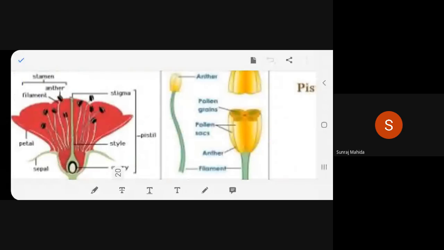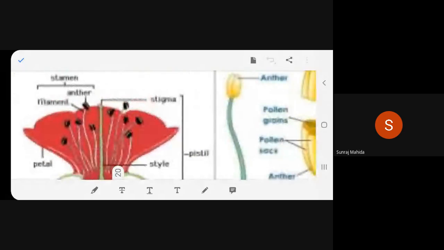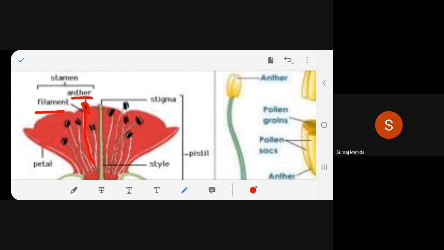Now see over here. This is filament and this is anther. Can you see this? So this is filament and this is anther. Both become stamen. Is it clear? Boys, can you hear me? Yes, ma'am.